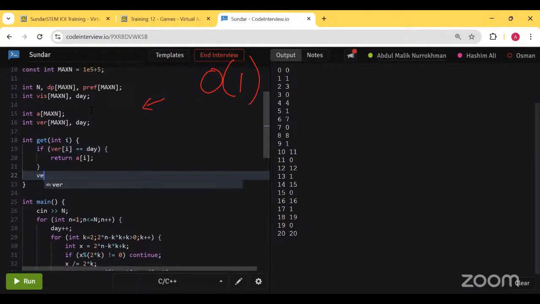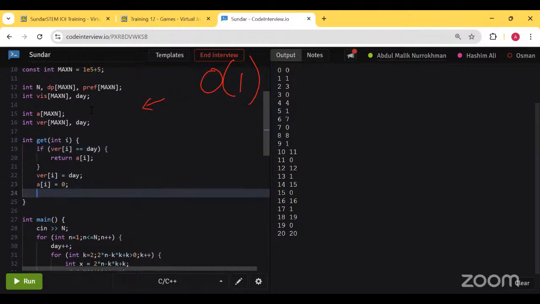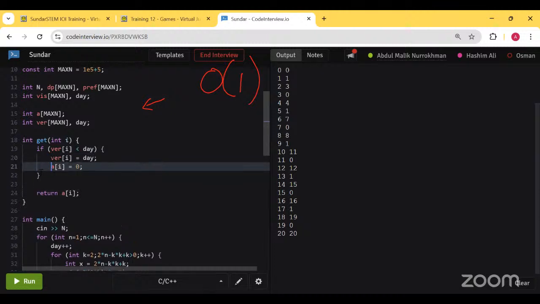But if this is the previous version, just make it equal to j and reset the value to 0, for example. Or if the version is before this j, then reset first before you use it.